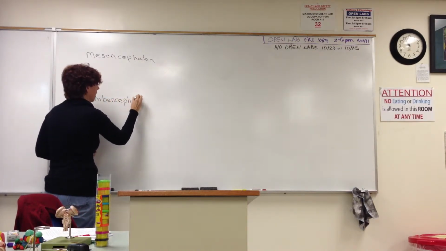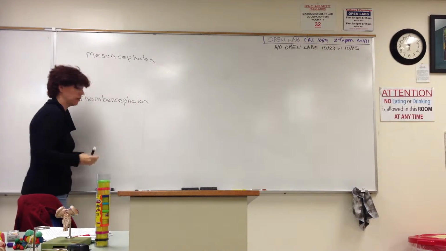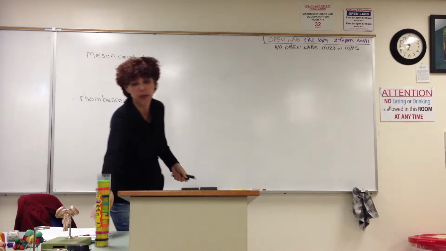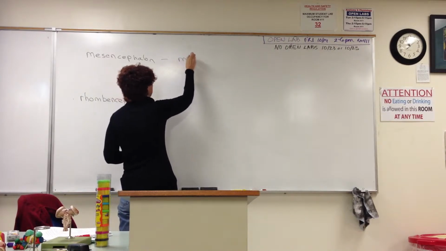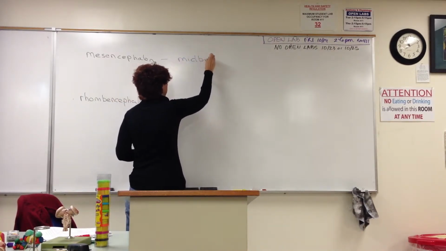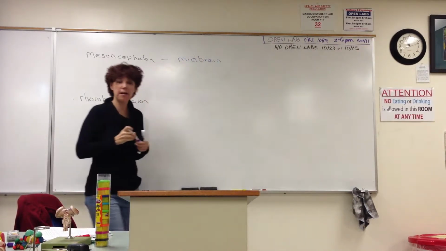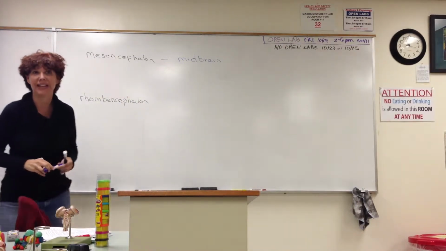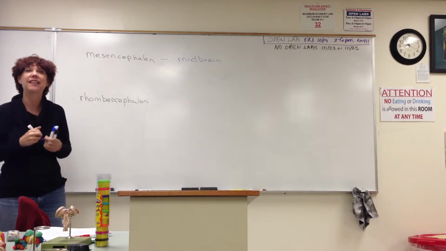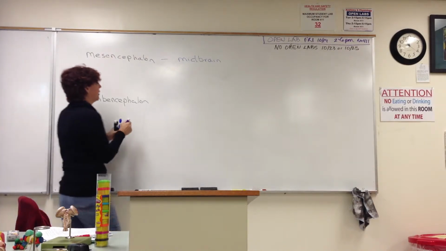So mesencephalon doesn't change much, and it's going to differentiate into the midbrain. And what part of the ventricular system do we associate with the midbrain? It looks the most like the central canal. Yes, the cerebral aqueduct.